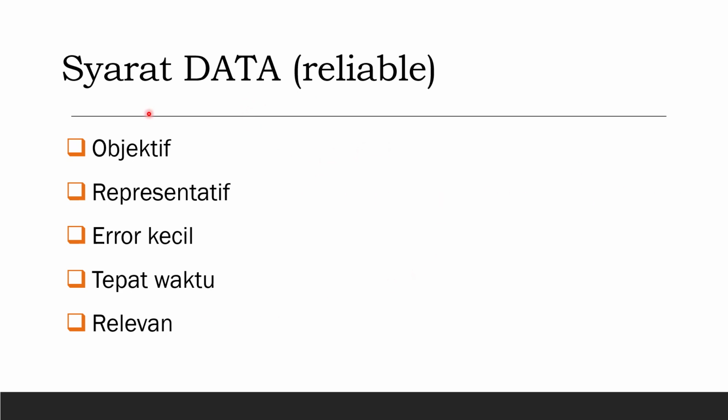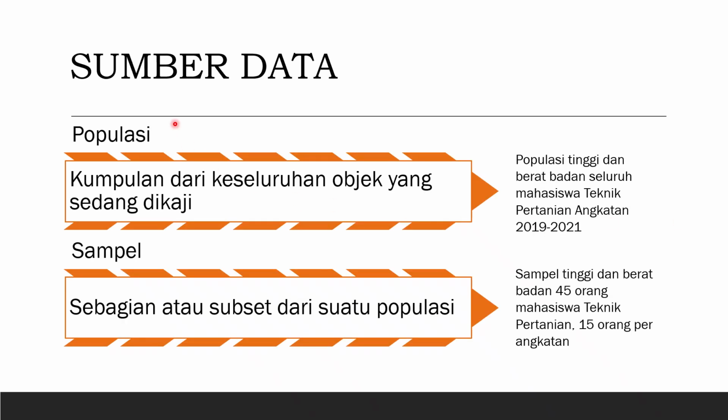So please remember all the requirements for the data. Then you can control or measure whether you have good or reliable data. For the source of data, the first thing you should understand is what a population is.